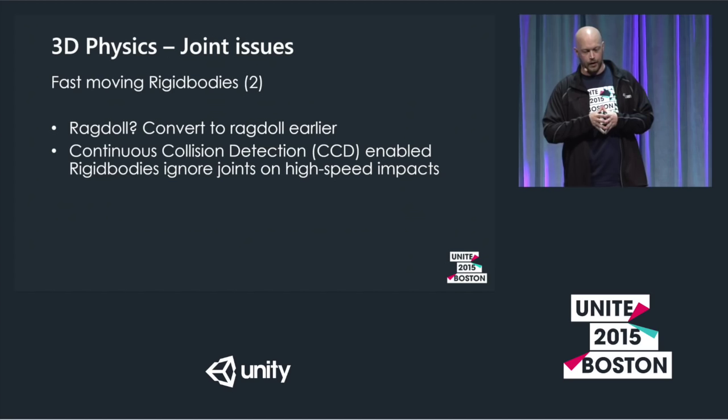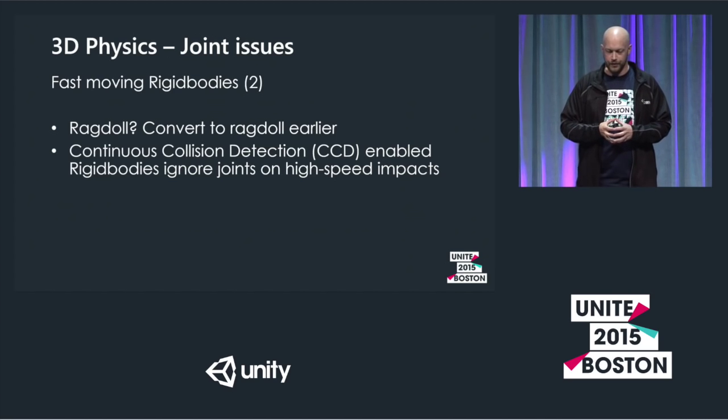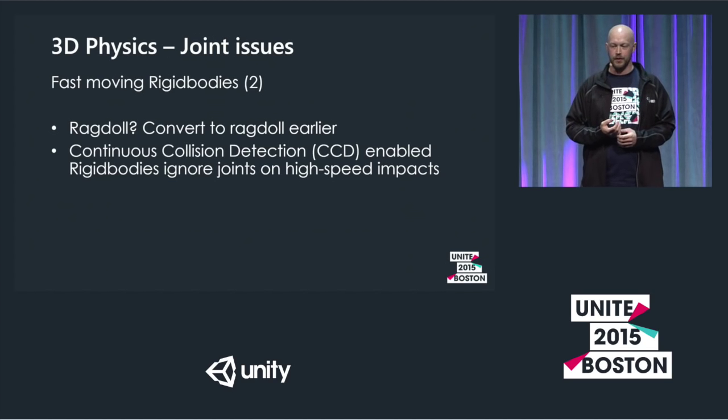Another thing that is worth considering when triggering ragdolls and solving issues with them is when you have a CCD-enabled rigid body that's going at high speed, and you have another body jointed to it.